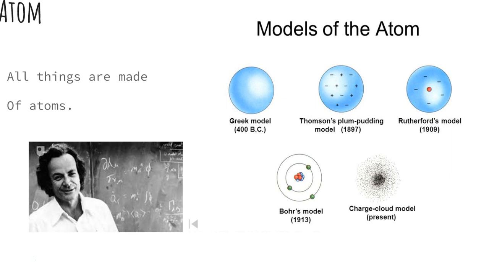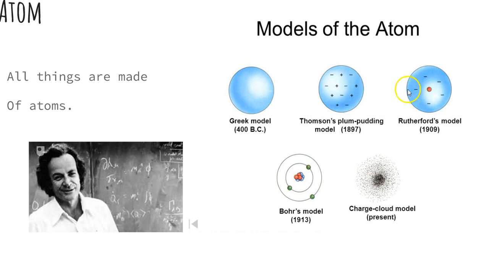It wasn't until 1897, many years later, that J.J. Thomson did his experiment on the electron with the cathode ray tube experiment, and he was able to come up with the plum pudding model. Thomson was British, and this is a British dish, but it had the negative and the positive charges of the atom spread throughout the atom.